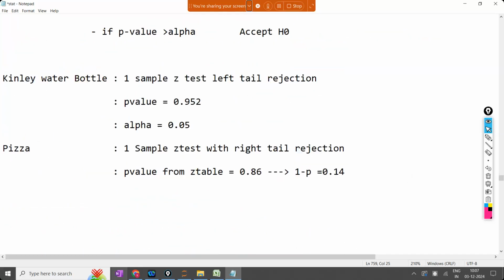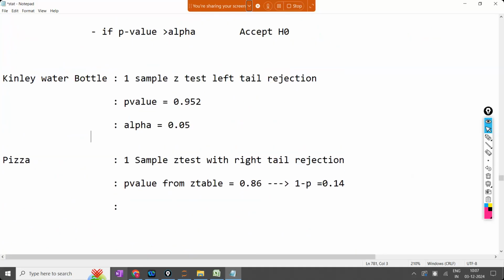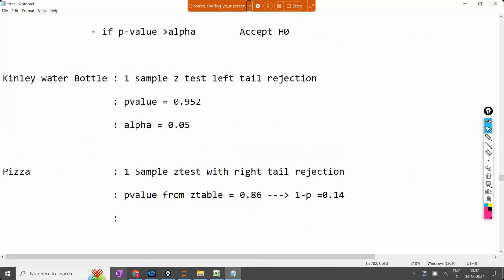Whenever it is a two-tailed rejection, based on this, what are we going to conclude? So your 1 minus P. Here you are going to check directly the P. For left side test, you have to check directly whether P is less than alpha or P is greater than alpha, and accordingly you are going to accept the null hypothesis.